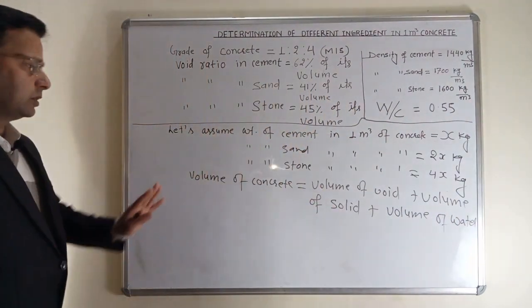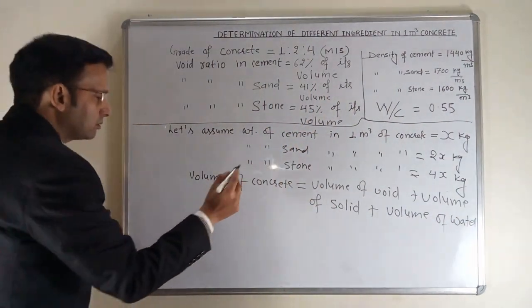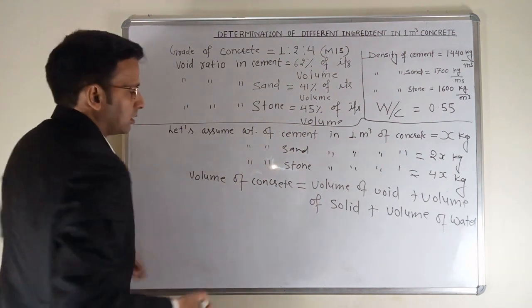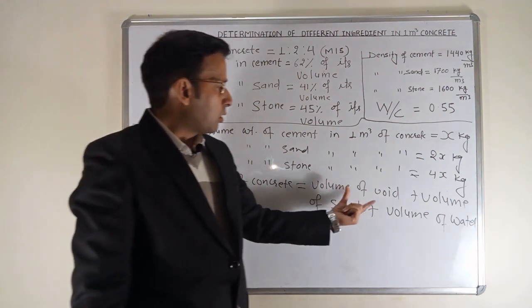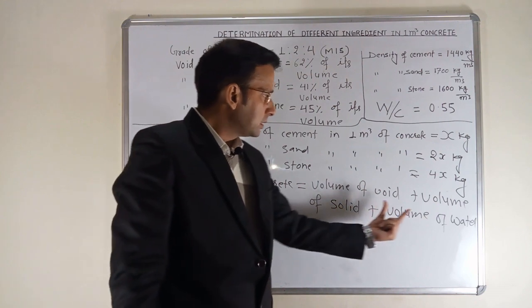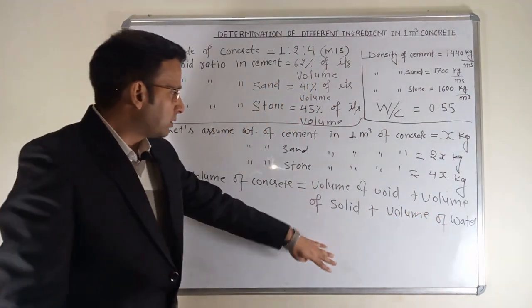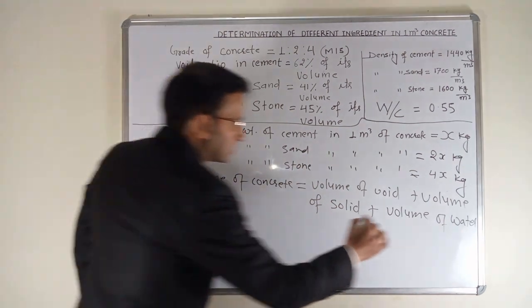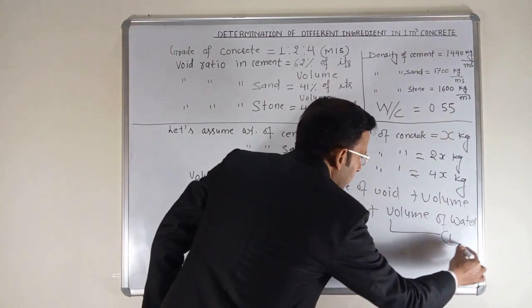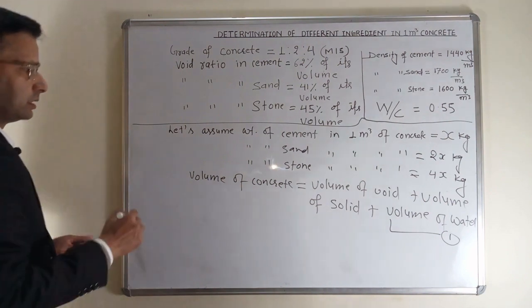It is very clear. You people might know it. Now we shall calculate the volume of voids, solid and water one by one. Then we will put these values into this equation. So let's suppose this is equation 1.